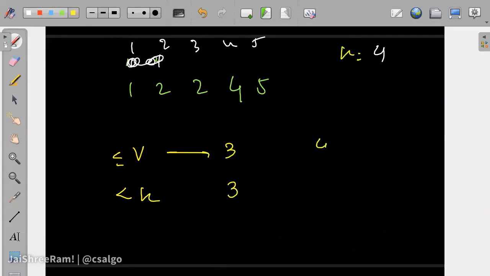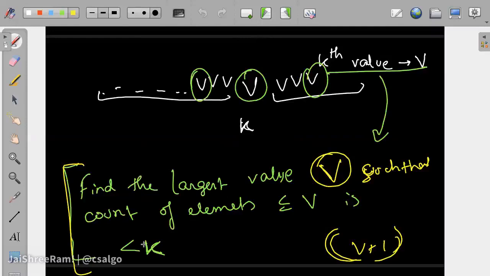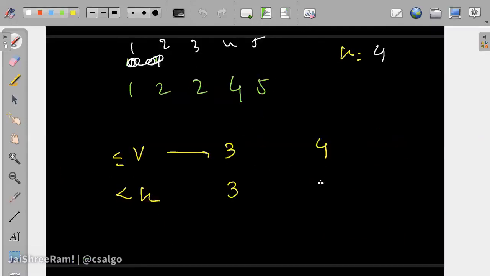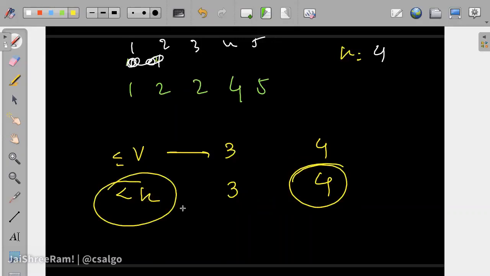But if we try 4, then the number of elements less than equal to 4 is 4, right, over here. So this is not feasible because we know that we can only go up to less than K. Make sense? So this binary search will give us 3.